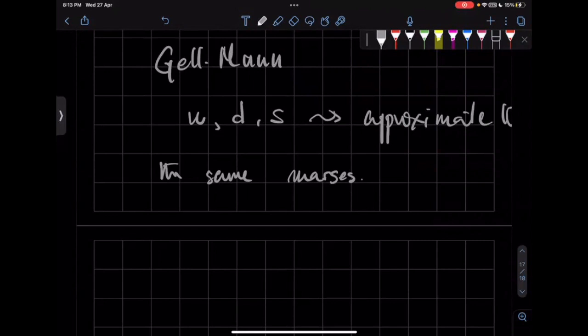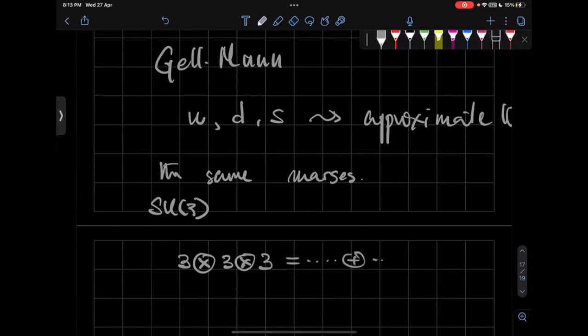So if you have a particle made out of three quarks, we should have SU3 symmetry. Particles which are bound states of three quarks should be in the irreducible representations of 3 cross 3.